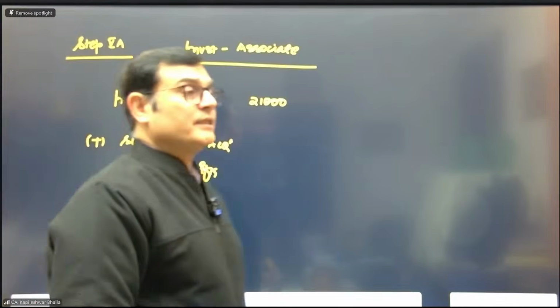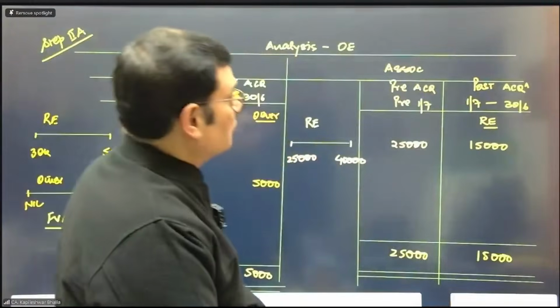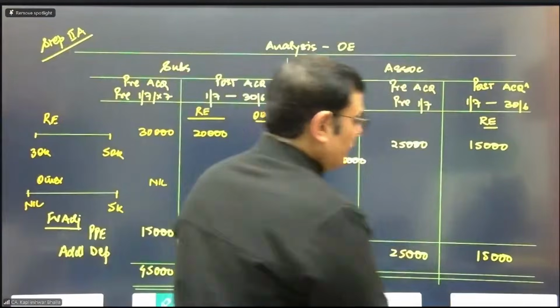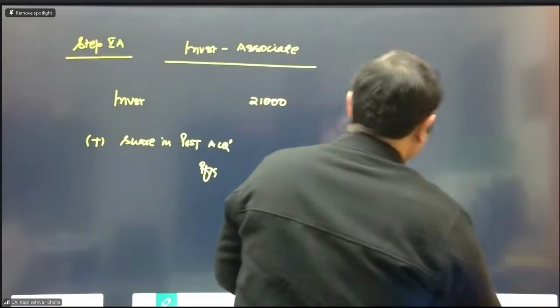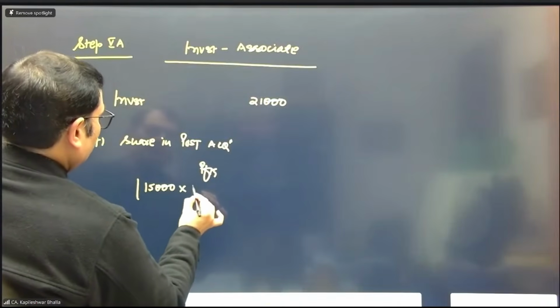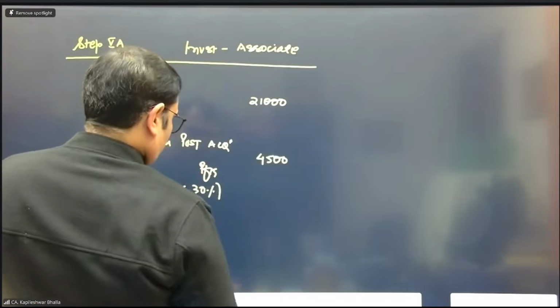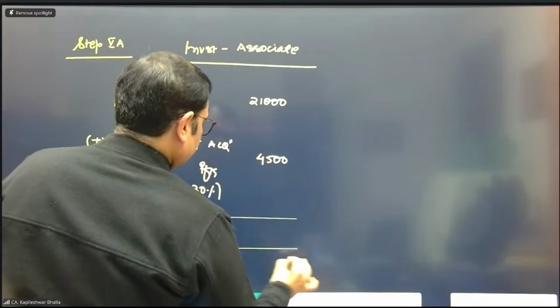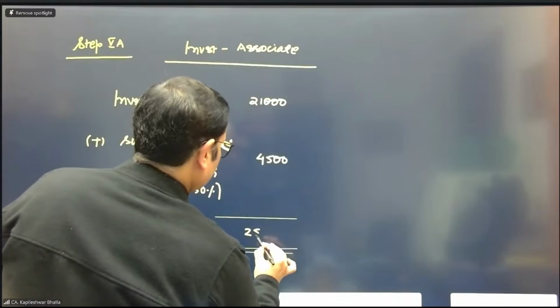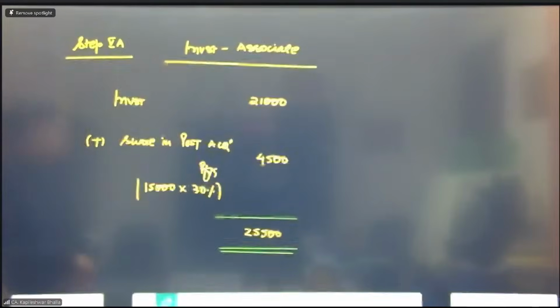And when the associate company earns a profit, the net assets go up and therefore the investment goes up to the extent of share. So let's see the post-acquisition. 15,000 is the post-acquisition profits. And out of this, 30% belongs to the investor. That is 4,500. So we get the investment value, that's 25,500 is the value of the investment. Okay, so that was step number 5A.